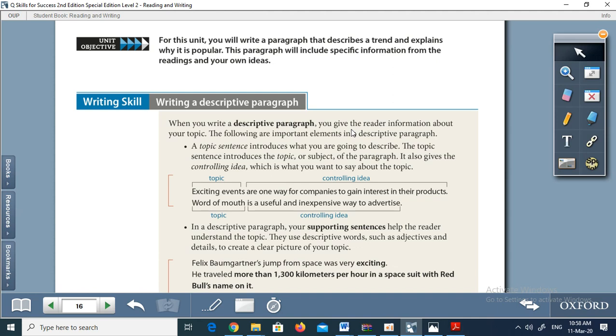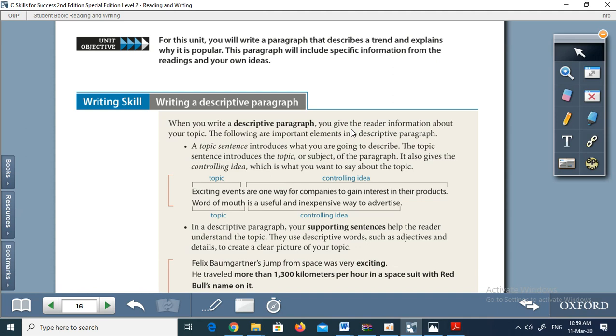We start the paragraph with the main idea, which is called the topic sentence, and then we write supporting sentences. Supporting sentences basically describe and give more ideas about the topic sentence. And in the end, we have to write a concluding sentence, which is also called CS.